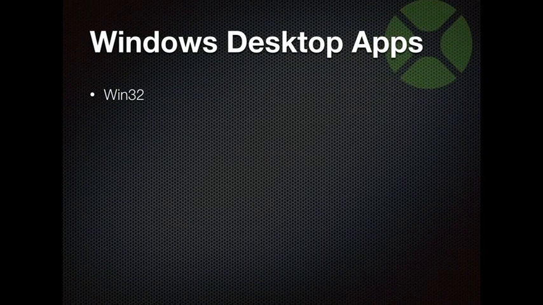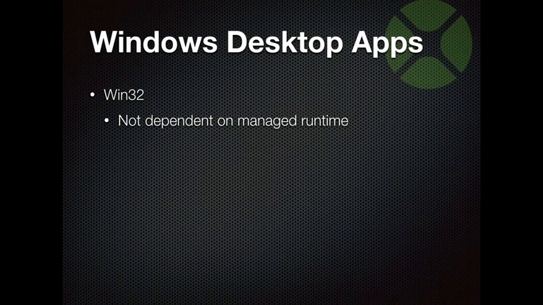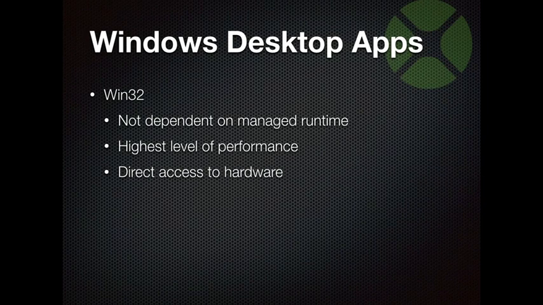All right, so let's talk about Win32 and what it offers. Win32 is not a managed runtime like .NET WinForms or .NET WPF. So we don't depend on a managed runtime. It really is the highest level of performance. It has direct access to the hardware.